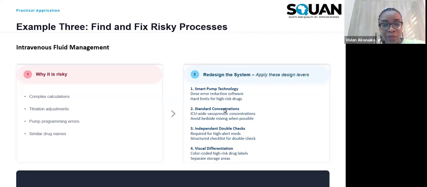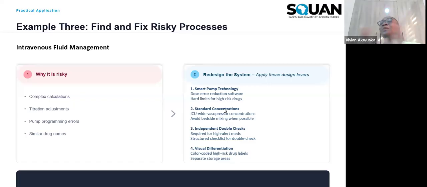Also your standard concentrations, right? When you have standardized calculations or concentrations, it's easier to follow. Avoid bedside mixing. You want to go and give a medication, and you're mixing? No. If we have the standard epinephrine or standard medicine in the correct dose that is ready to administer, things are a lot easier. Okay, also your independent double checks.